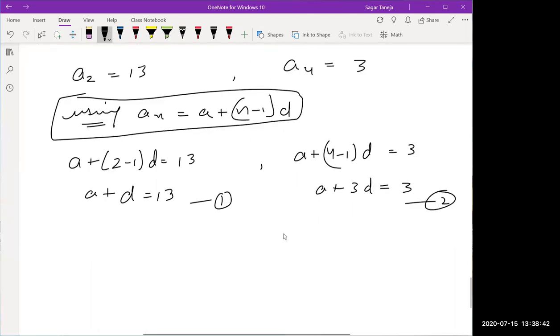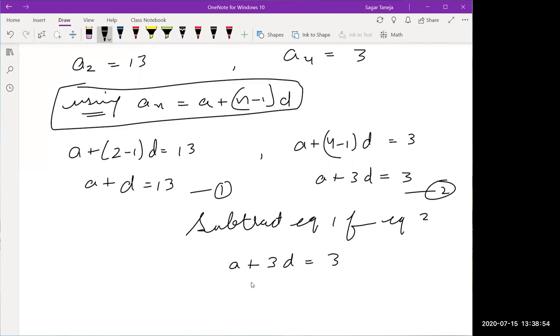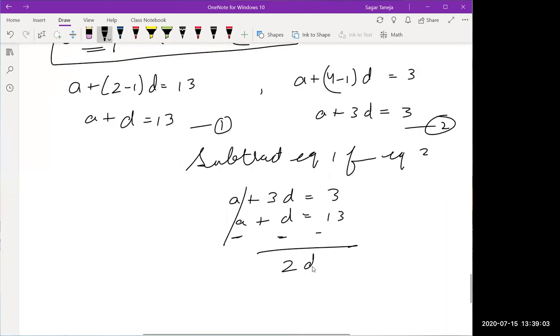This is the second part. Subtract equation 1 from equation 2. Equation 2 is a plus 3d is equal to 3. And equation 1 is a plus d is equal to 13. Subtract them, a cancels out, and here 2d is equal to minus 10 and d is equal to minus 5.